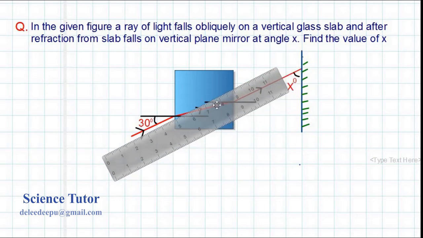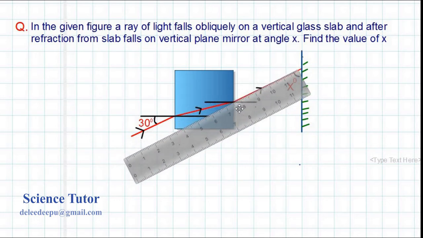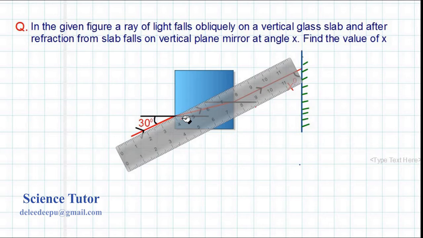These both lines are parallel to each other. If you keep this ruler like this, you can see that one. Now I am completing this line. Suppose if this line goes without any refraction, then the direction will be like this.